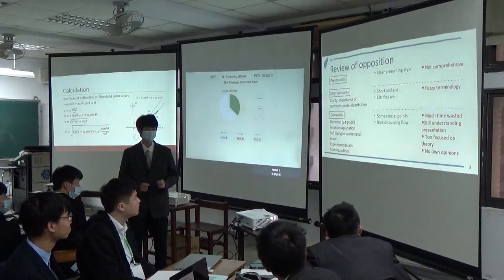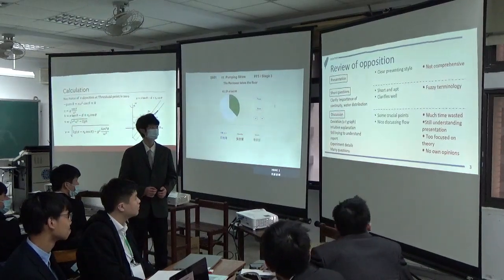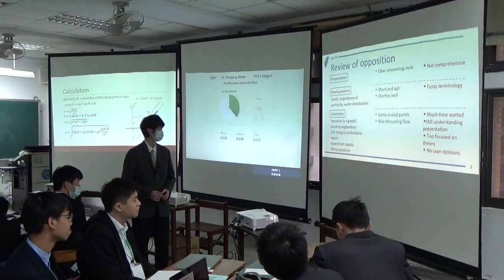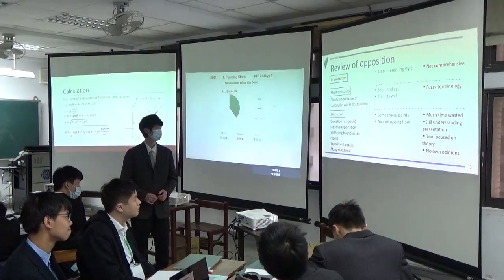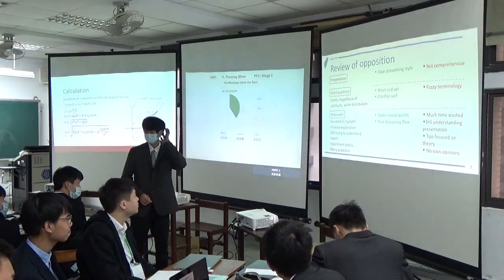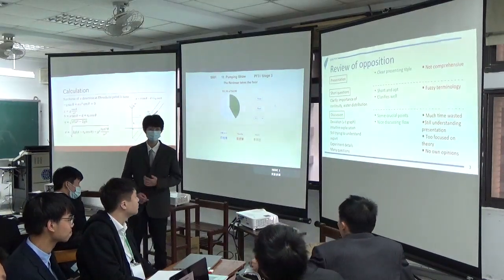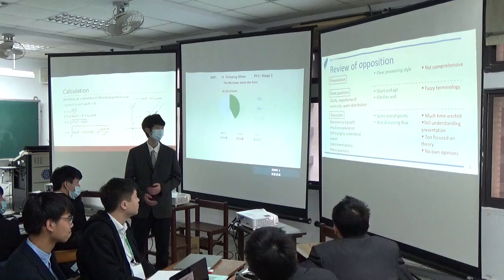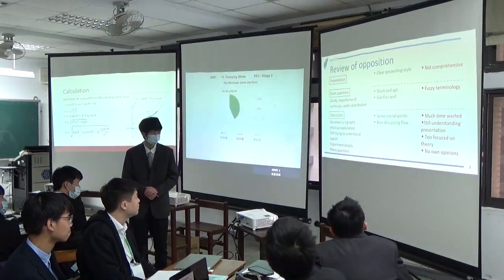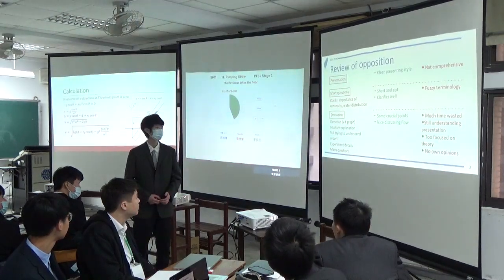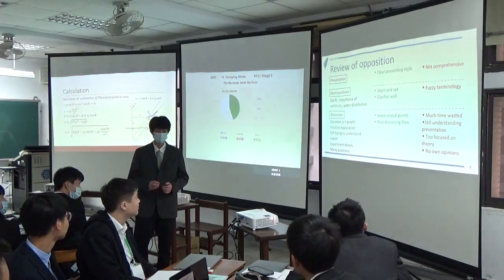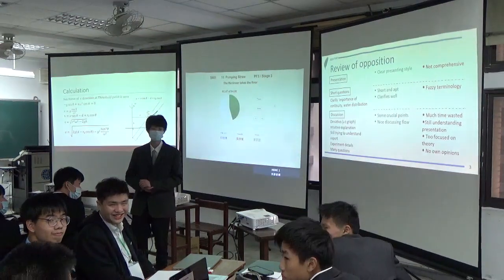However, it comes a bit fuzzy in the terminology. And for the later discussion, you did point out some crucial points, and you have a really nice discussion style and flow. However, you wasted too much time understanding what they're doing, and you're too focused on the theory rather than other opinions.